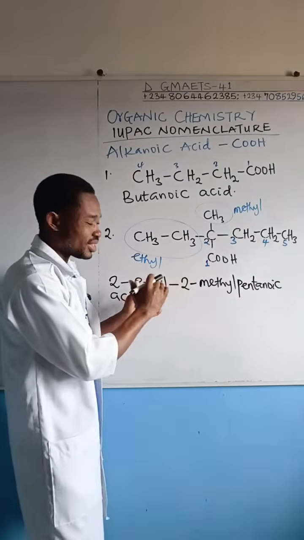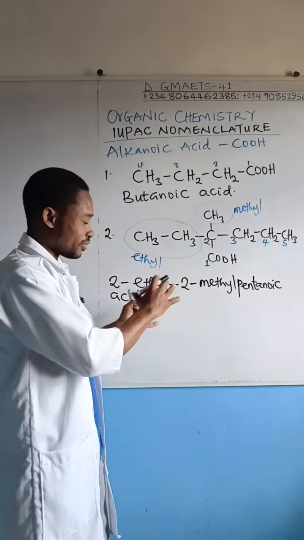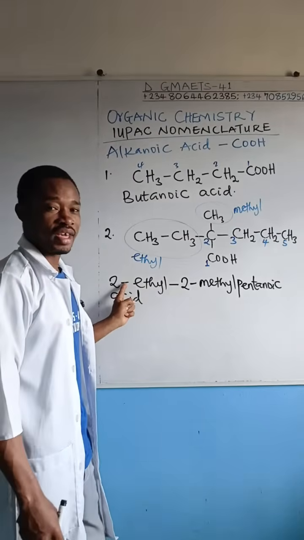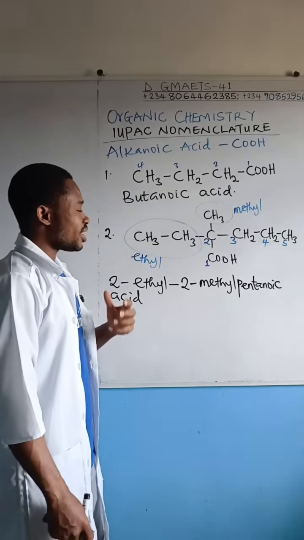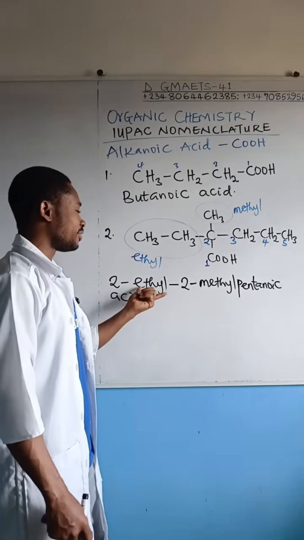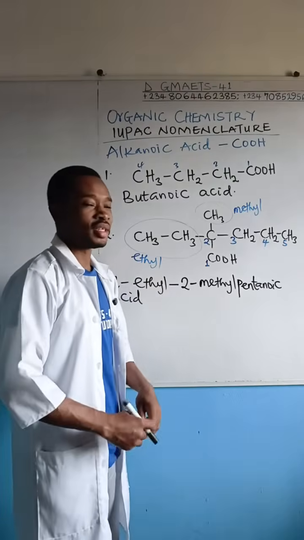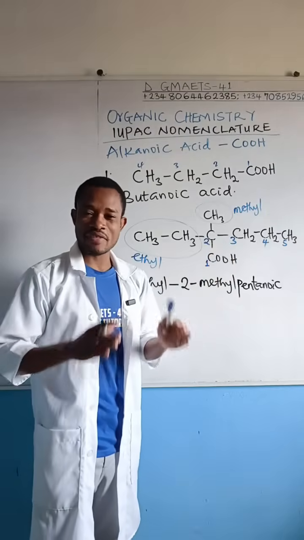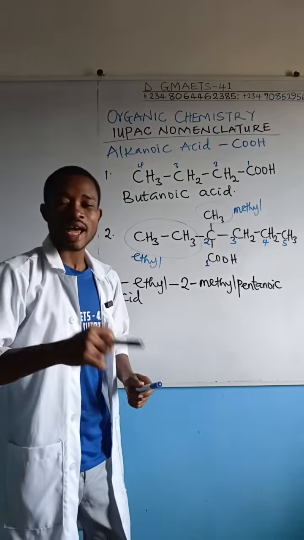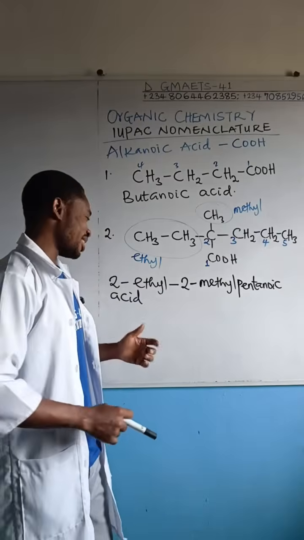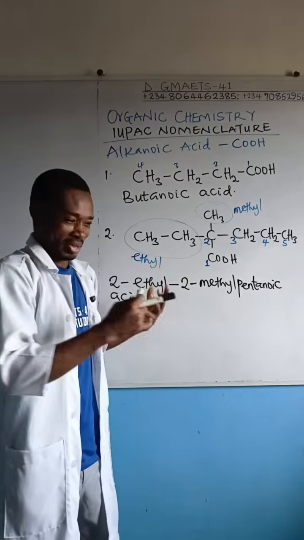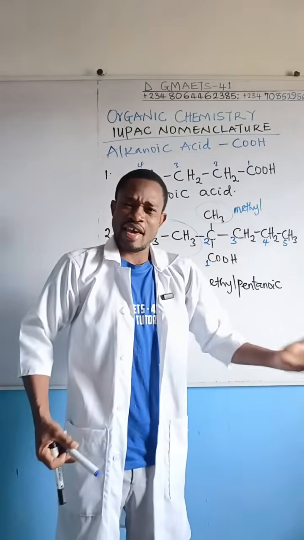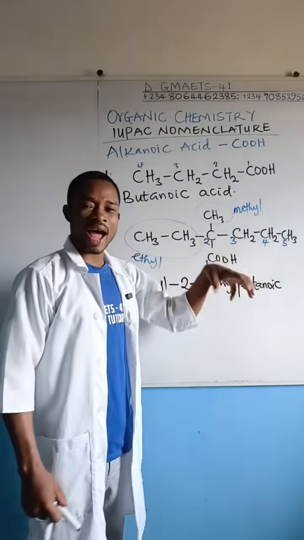Now, observe certain technicalities, some things we did here. You notice that between number and alphabet, we use hyphen. Then I want you to take note of this. Although the ethyl attachment and the methyl attachment are found on carbon number 2, for this structure, you are not allowed to write 2-ethyl methyl pentanoic, with the idea of explaining that the ethyl and the methyl are both on carbon number 2.